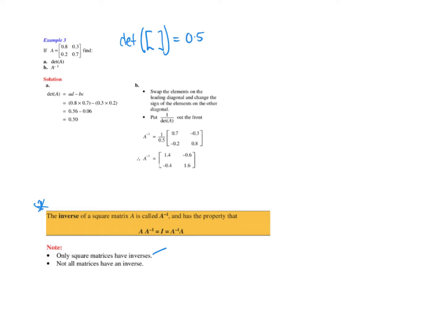We can only raise square matrices to a power. Not all matrices have an inverse, so you might want to write another little note there: if the determinant equals 0, no inverse can be found. Okay, in case you're looking in your notes, you'll see that.